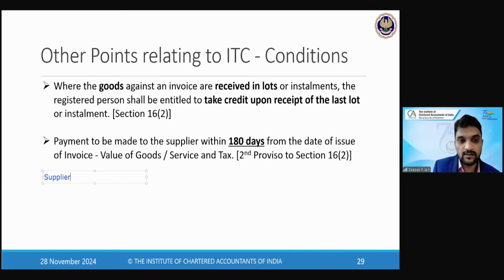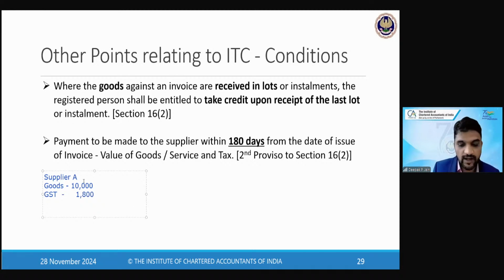Supplier A has supplied goods worth 10,000 rupees. GST he will charge 1,800 rupees. Okay.